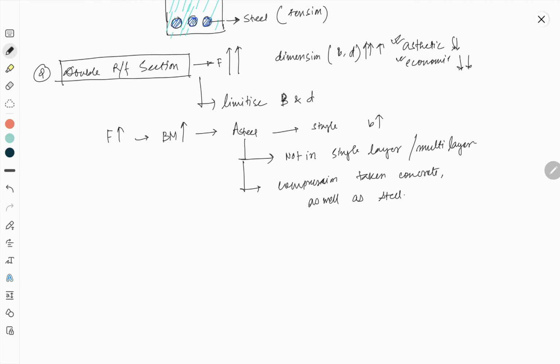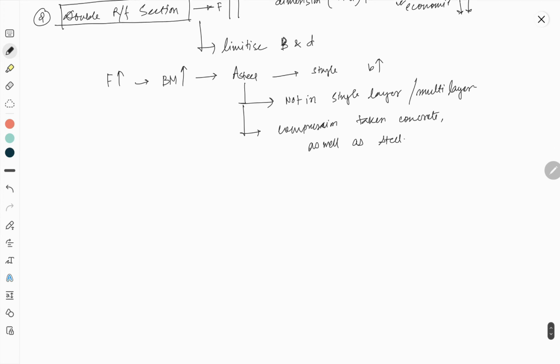Imagine the cross section, again like our single reinforcement section. Compression is taken care of by concrete as well as steel. One layer of steel, two layers of steel, minimum. If you do multiple layers, you can also do this, but it is a very rare condition.